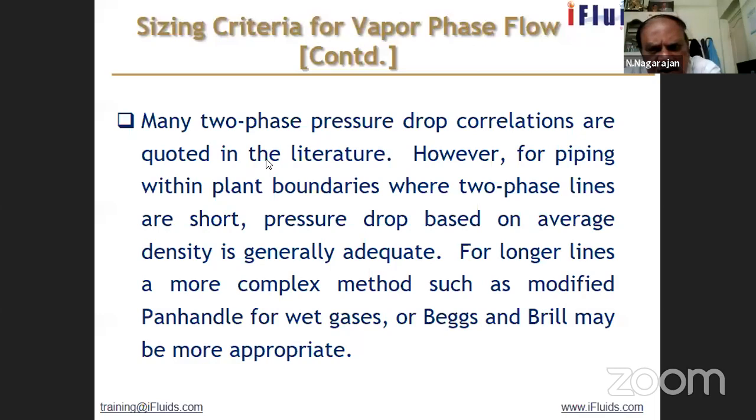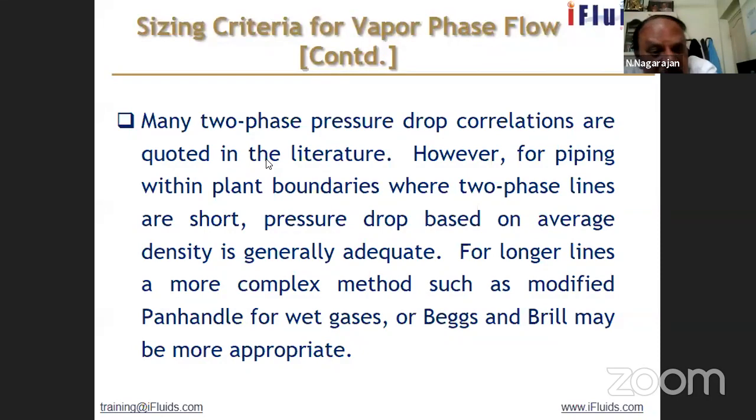Two-phase pressure drop correlations are available in literature. For piping within plant boundaries, where two-phase lines are short, pressure drop based on average density is generally adequate. If you have a vapor and liquid mixture flowing in the piping, you take the average density. What is average density? Density is mass by volume, correct? So you know the mass of liquid and the density of liquid.